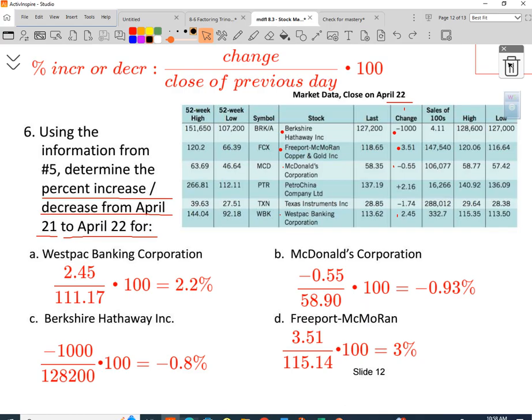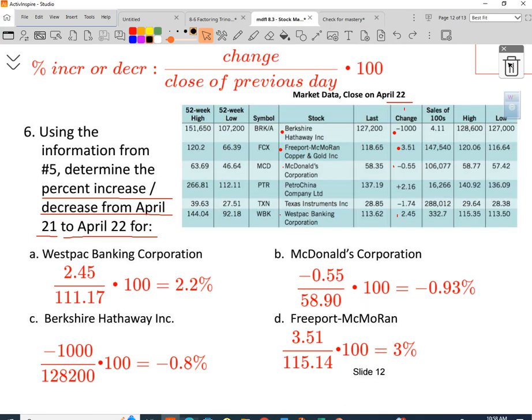3.51 divided by 115.14 equals, times 100. No, you shouldn't get 2. Yeah, it's actually 3.04, but they rounded it to 3%.